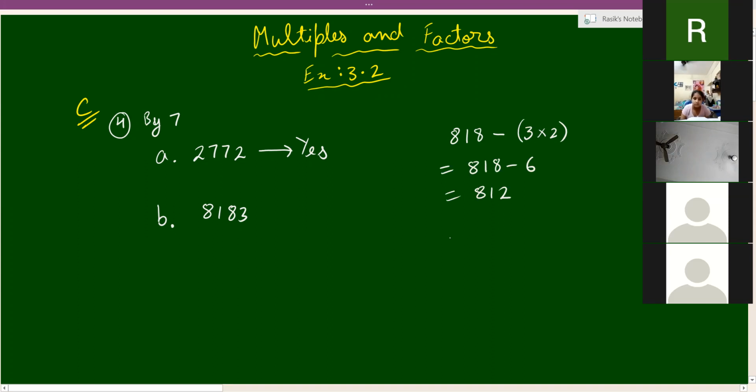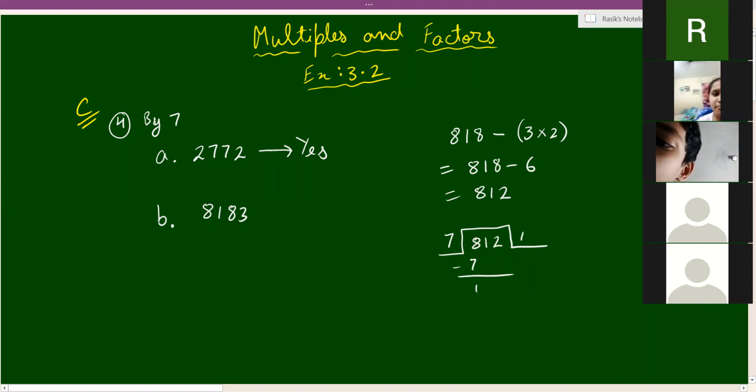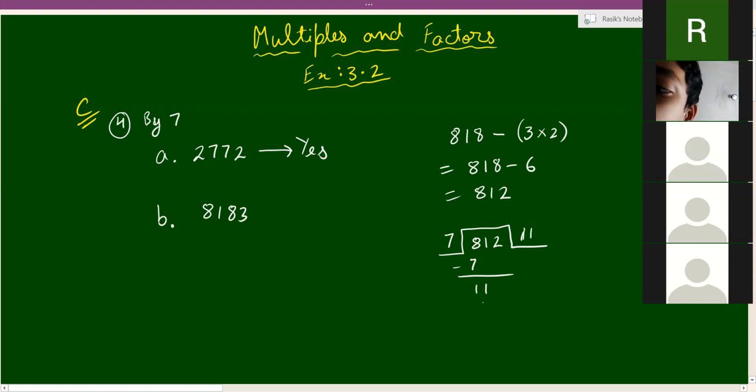Now you divide 812 by 7. 7 ones are 7. 1 is copied. Again you will go 1 time. 7, remainder 4. 2 is copied. Then you will go 6 times. 7 into 6 is 42. Remainder 0. The remainder is coming 0. That means the number is divisible by 7. Answer is yes.